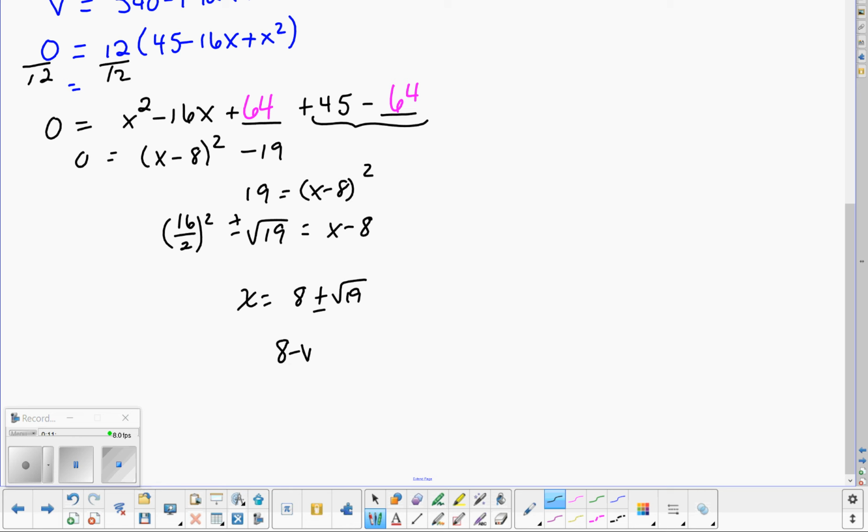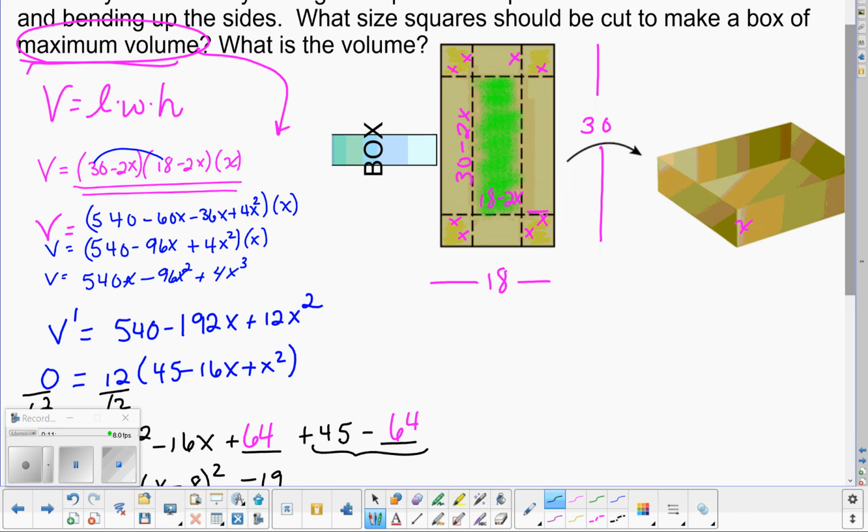8 minus the square root of 19 is approximately 3.6, which will work because it will not extend beyond the halfway point. What I'm looking for, this is my least side. So when I take 18 and subtract 2 times that value, which was about 3.6, or 7.2, halfway point on this box would be at 9 inches.